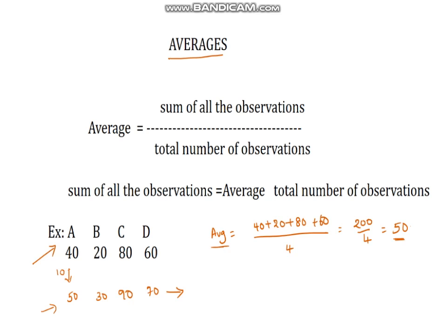Here each person's weight is increased by 10 kgs, so the average also increased by 10 kgs. So 50 plus 10 equals 60 is the answer. If each person's weight increases, then the average also increases by the same amount. No need to calculate again for 50 plus 30 plus 90 plus 70. Again we get the same answer.